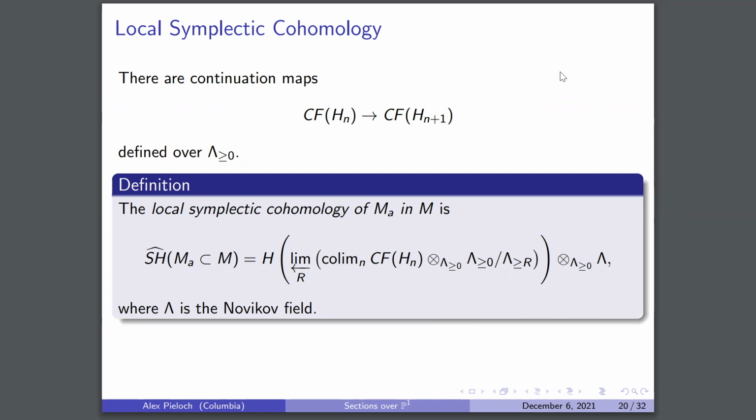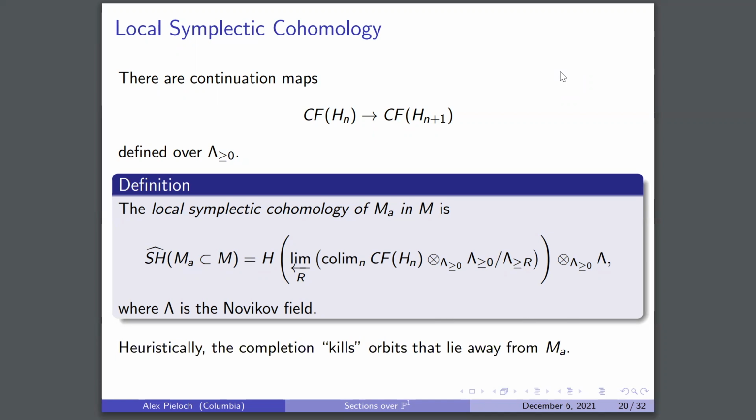This gives us some new chain complex. Then we take the cohomology of this complex. This gives us finally a module over the Novikov ring. And then for the sake of this talk, I'm going to tensor with the Novikov field. I'm going to kill all torsion, so I'm not going to worry about the torsion portion. And so this is our definition of the local symplectic homology of this particular compact subset M_A.